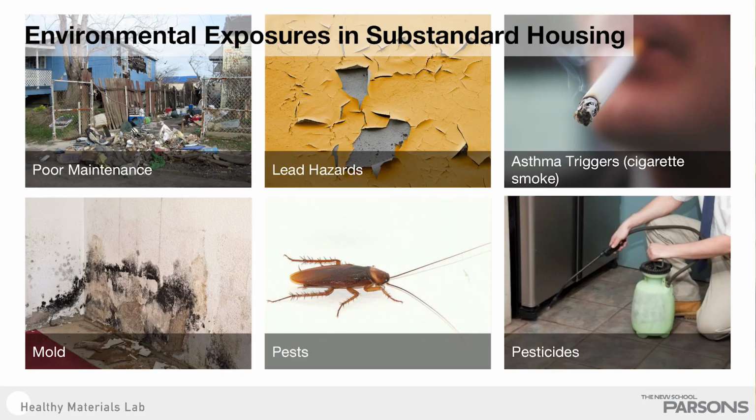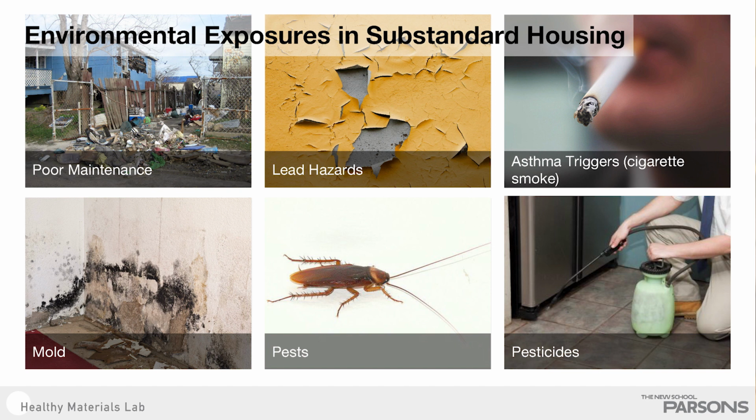So when we think about substandard housing, some of the things that we think about are poorly maintained homes, presence of peeling paint, lead hazards, environmental asthma triggers, which are common, which can include exposure to cigarette smoke, problems with mold and mildew, presence of allergens like pests and roaches, and some of the interventions that are used for those problems can also be problematic.